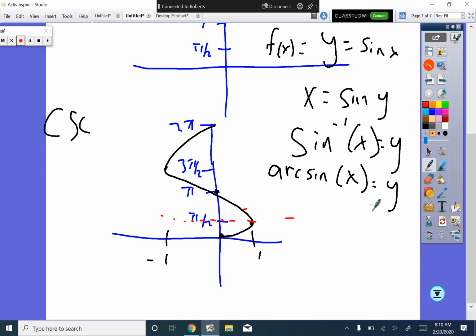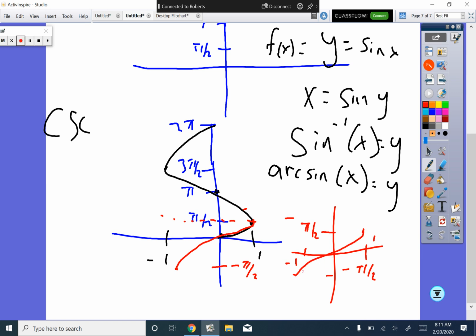Really, I could continue and go to negative pi halves here, and it would be at -1. And notice if I just had this graph from pi halves to negative pi halves, 1 and negative 1, would that pass the vertical line test? Yes. So this is the most important thing you're going to have here.